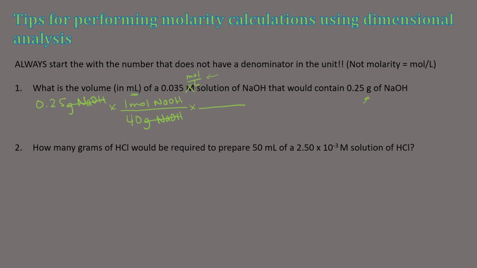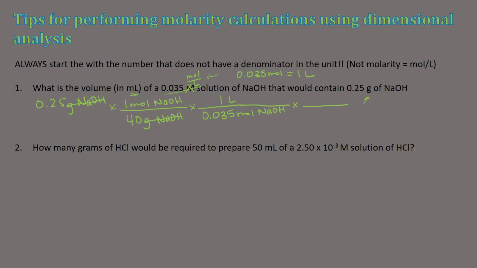Now I can use the molarity, right? What this says is that there's 0.035 moles of sodium hydroxide in 1 liter of solution. So I'm going to put 0.035 moles of sodium hydroxide on the bottom and 1 liter of solution on the top.